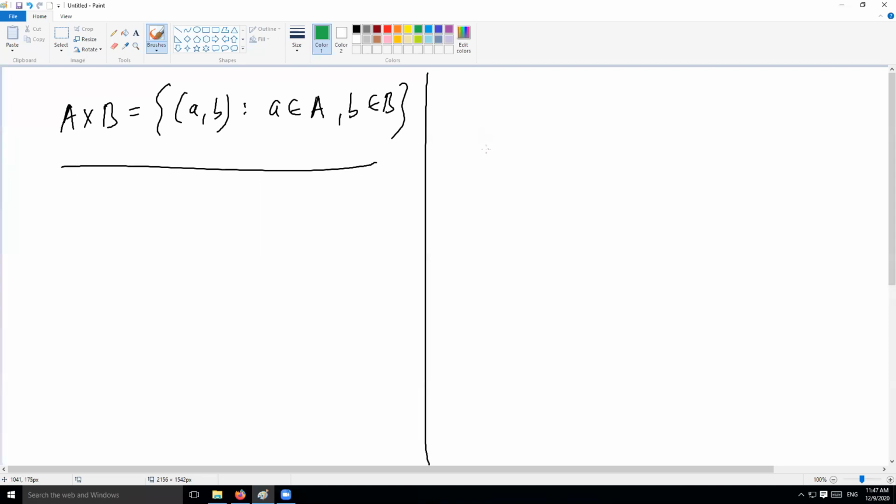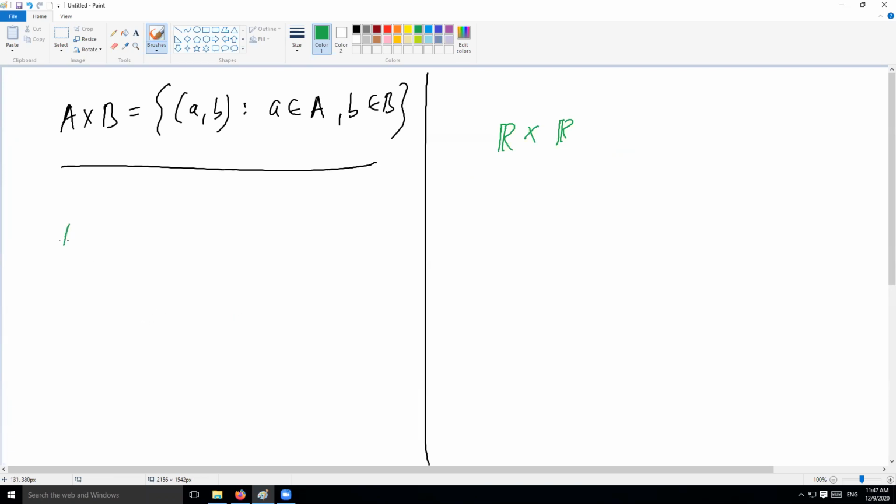Say R cross R. Let's try to make sense of R cross R. What is R cross R actually?